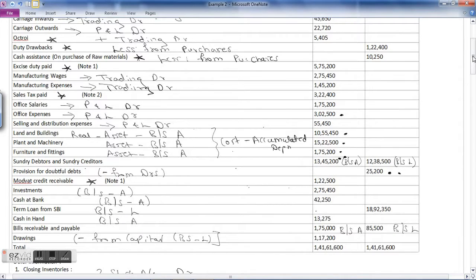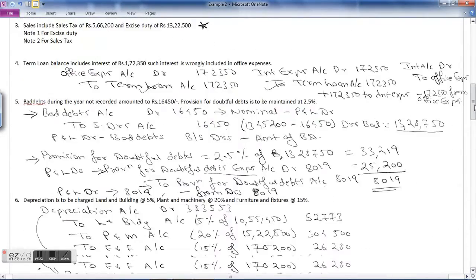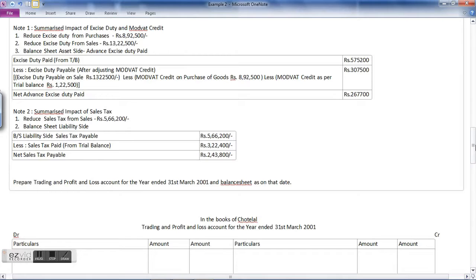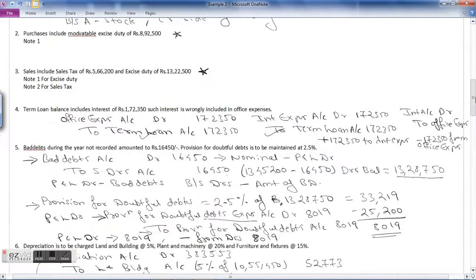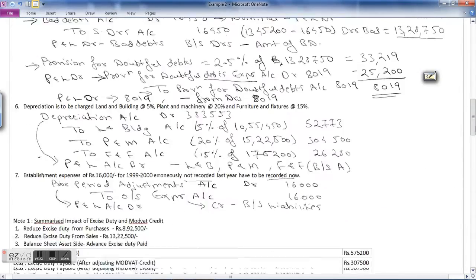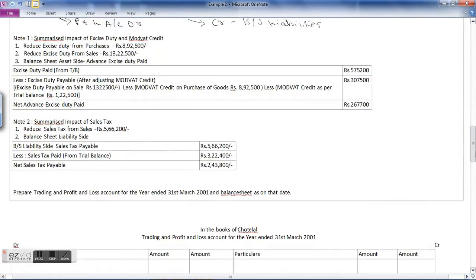We are marking this because we have to leave some space after giving the effect to those particular trial balance items for adjustment, so we are marking those items. Then reduce sales tax from sales, note 2, so sales, you have to reduce it, right, so I'll just mark this. Then next, balance sheet sales tax payable.